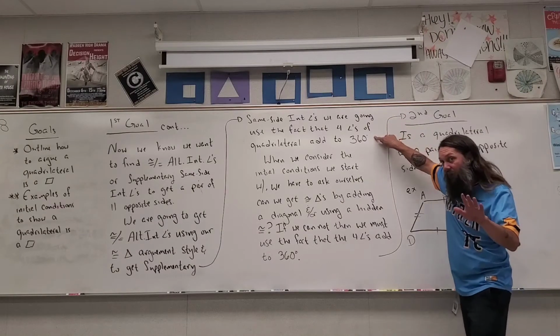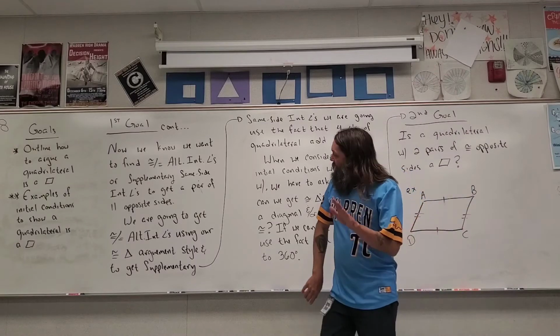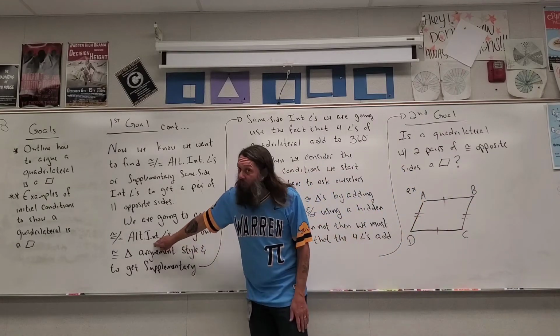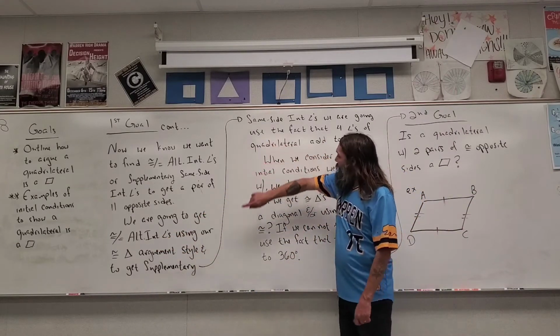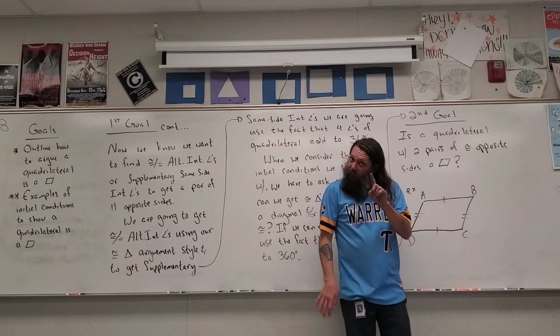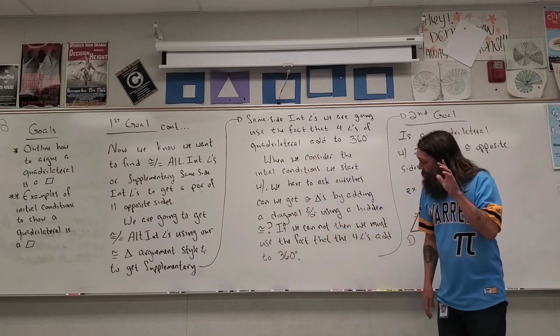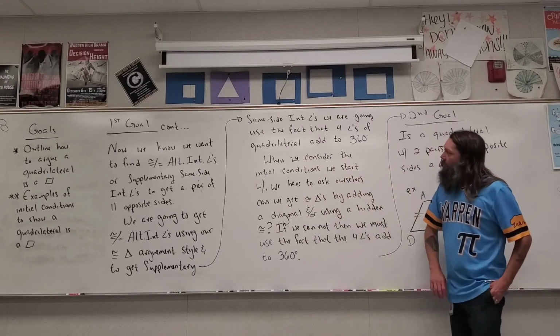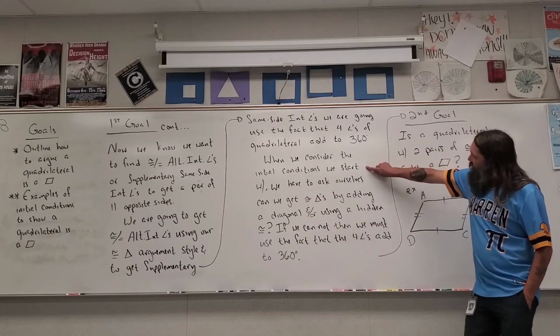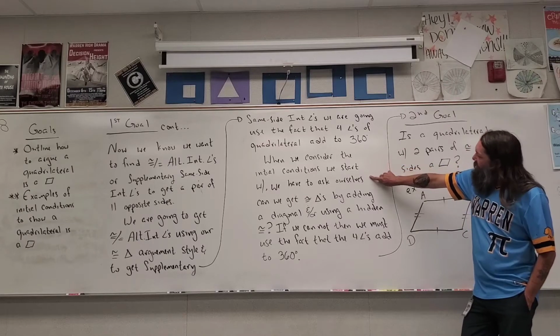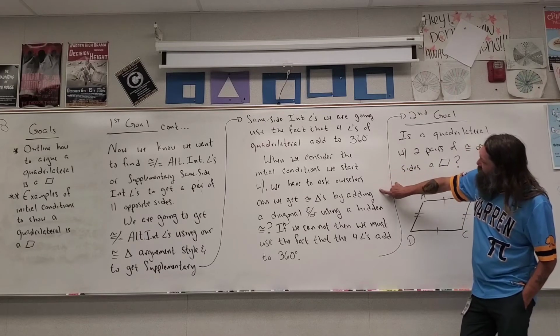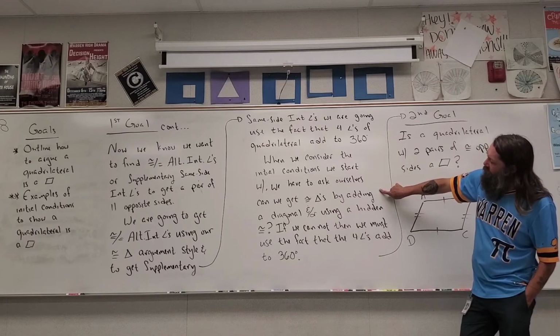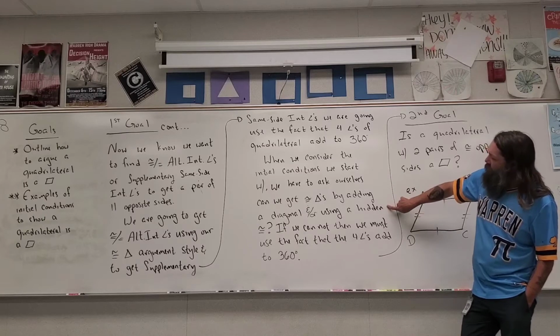I'm going to outline how you figure out if we're going for congruent alternate interior angles or supplementary same side interior angles. Okay, pay attention closely. This is really important to our argument style. When we consider the initial conditions we start with, we have to ask ourselves, can we get congruent triangles by adding a diagonal and/or using a hidden congruence?